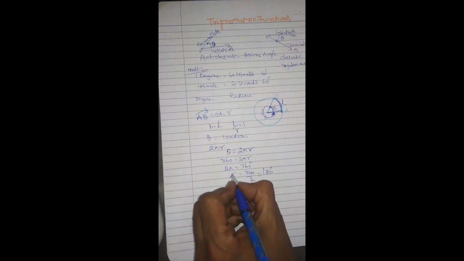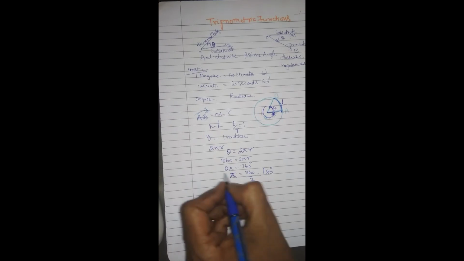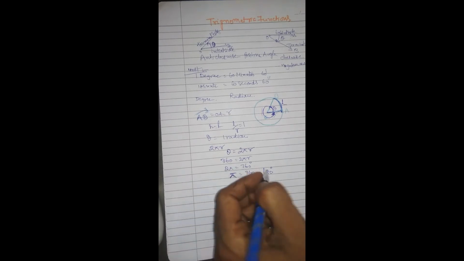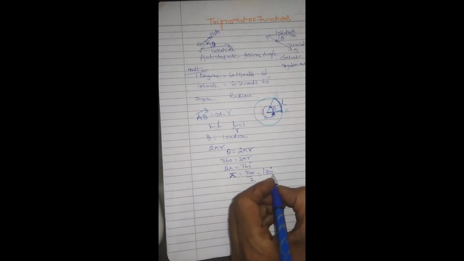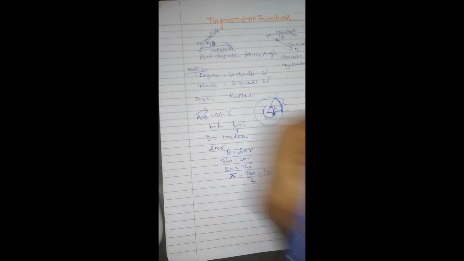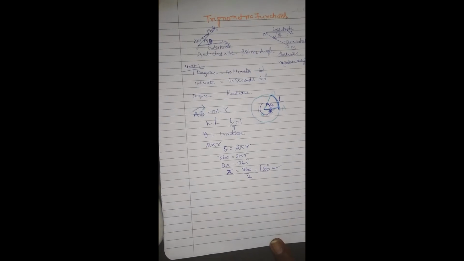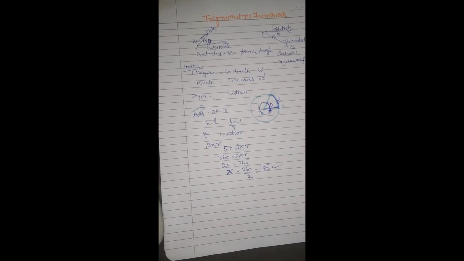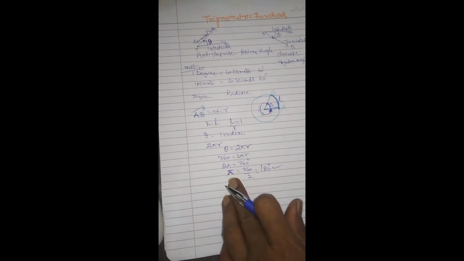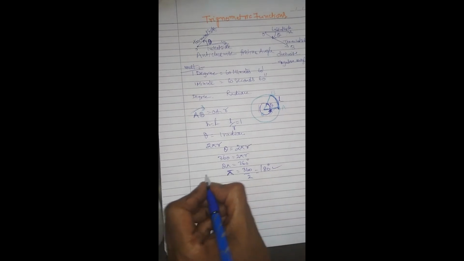That means pi, 22 by 7, is equal to 180 degrees. So 180 degrees is equal to pi radians.